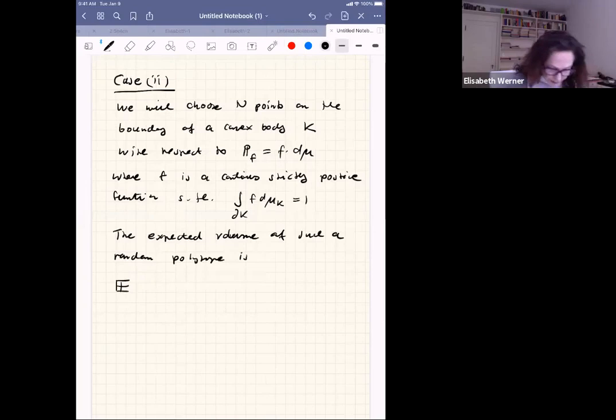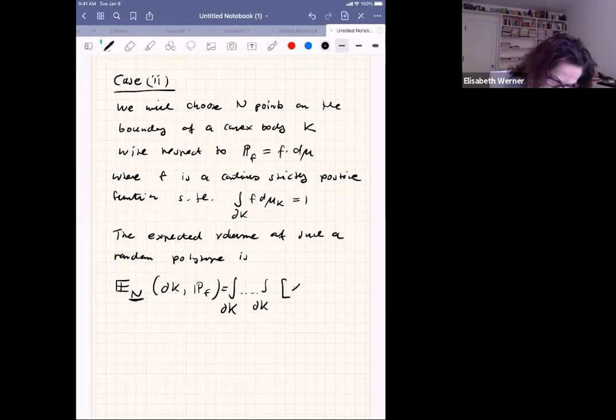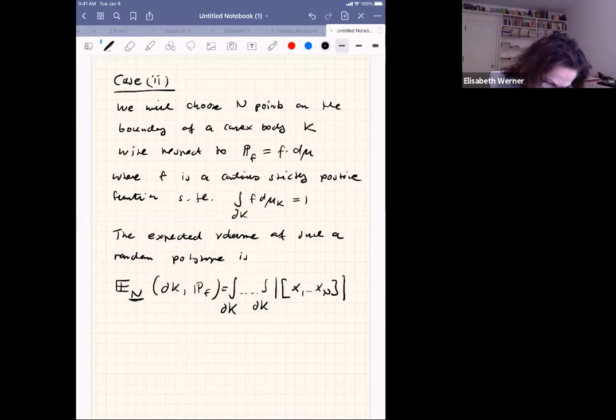So the expected volume of n chosen points on the boundary of K with respect to this probability measure is the capital N-fold integral over the boundary of K of the volume of the convex hull of the capital N chosen points. So we have chosen capital N points x1 up to xn. We take the volume, and each point was chosen with respect to this probability measure. So this is the volume of such a random polytope.